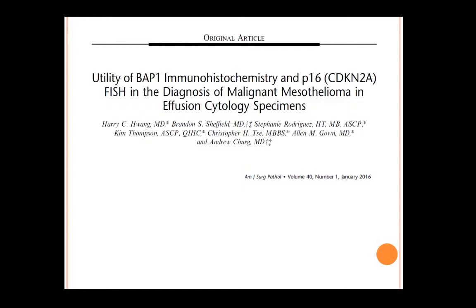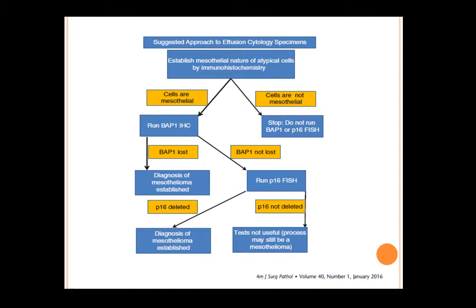I'm not going to go over the details of this study. However, they suggested a nice algorithmic approach for effusion cytology specimens. They recommended that after confirmation of the mesothelial phenotype of the tumor in the differentials, the next step is to run BAP1 immunohistochemical stains. If it is positive for BAP1 loss, the diagnosis of malignant mesothelioma is established.